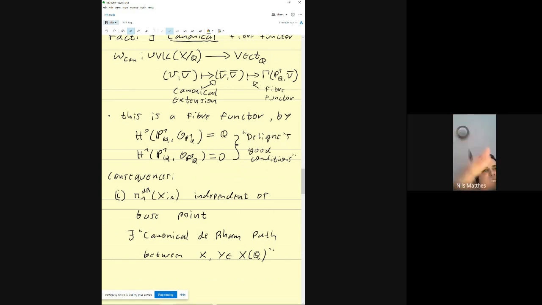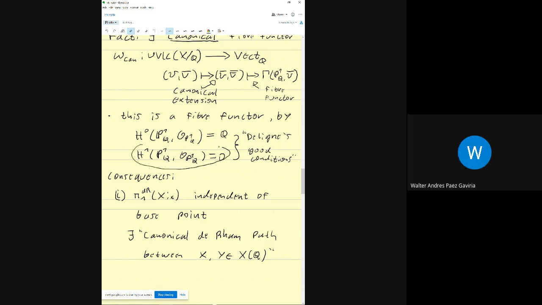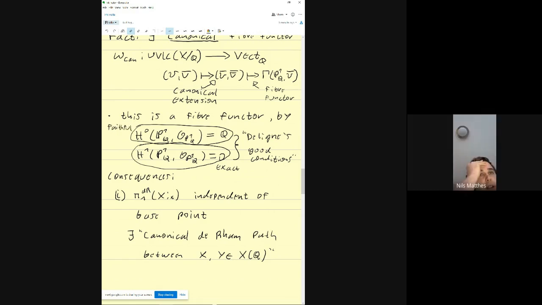And if you just stare at the definitions, then this here tells you that it's exact, and this here tells you that it's faithful, basically. Thank you. And it also follows that it's compatible with tensor product somehow. So that's also not immediate, but follows from these conditions.